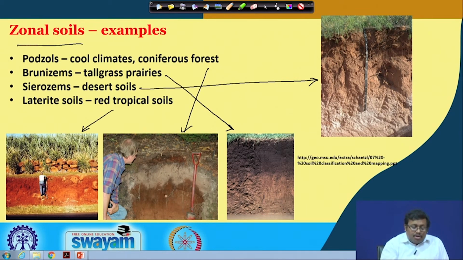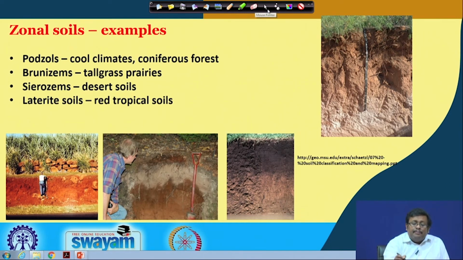For example, podzols show the importance of cool climate, and laterite shows the importance of warm and humid climate, and these desert soils or xerisms show the impact of hot and arid climate, and these brunisms show the impact of vegetation. So, all these are showing the impact of climate and vegetation on soil.